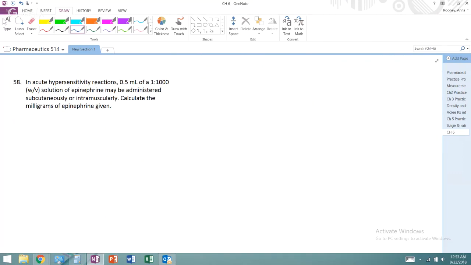In acute hypersensitivity reactions, half of a milliliter of a 1,000 to 1 weight per volume solution of epinephrine may be administered subcutaneously or intramuscularly. Calculate the milligrams of epinephrine given.